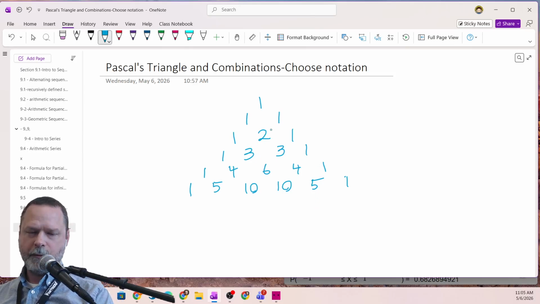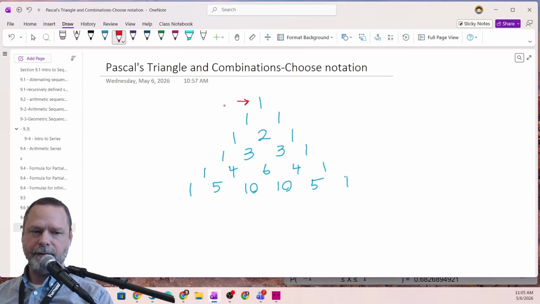we're going to make a couple of inferences here. First off, we can easily show that each of these are working, that we are getting our same values as in our choose or combination notation. So let's say here, it's kind of silly, but 0 choose 0. This is row 0, by the way, right?